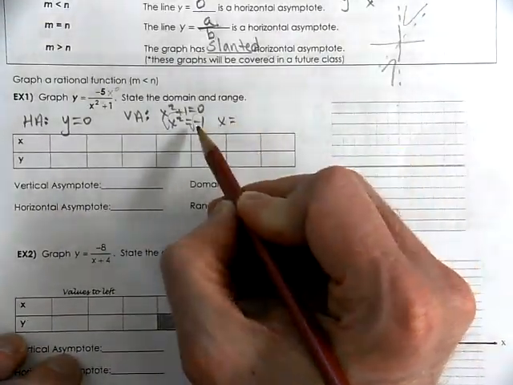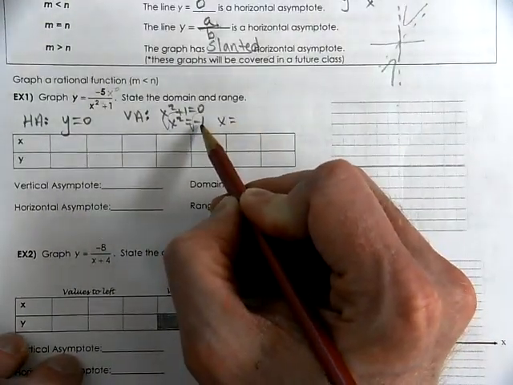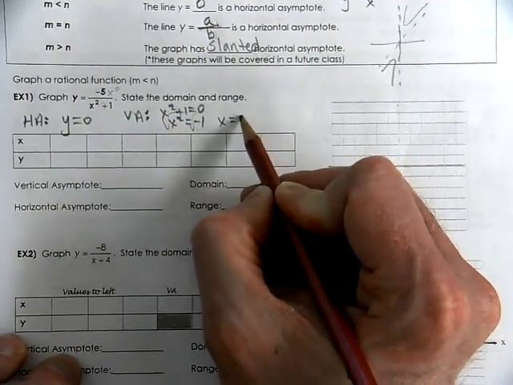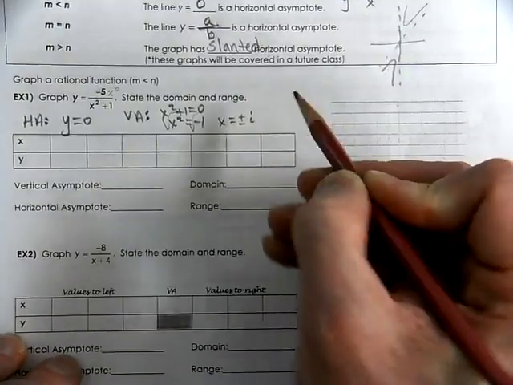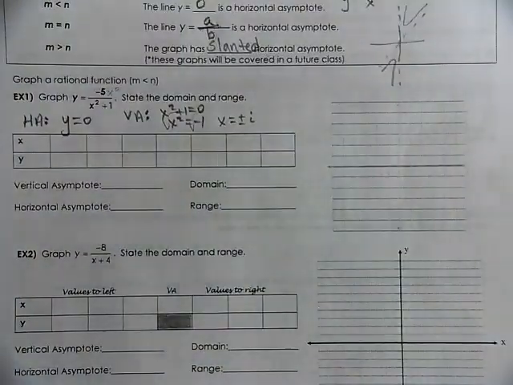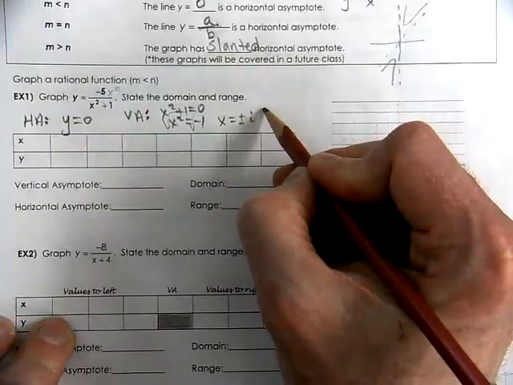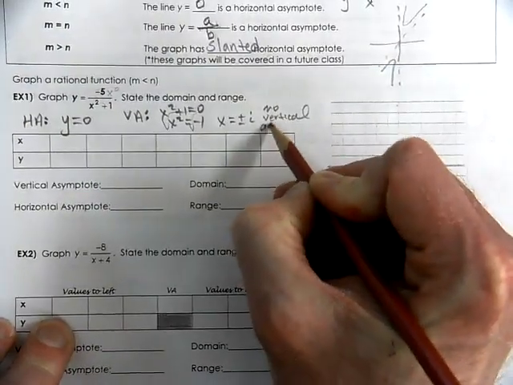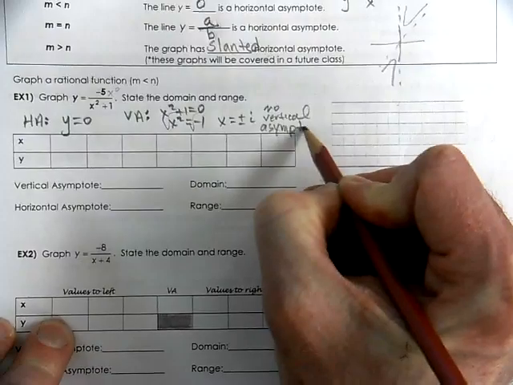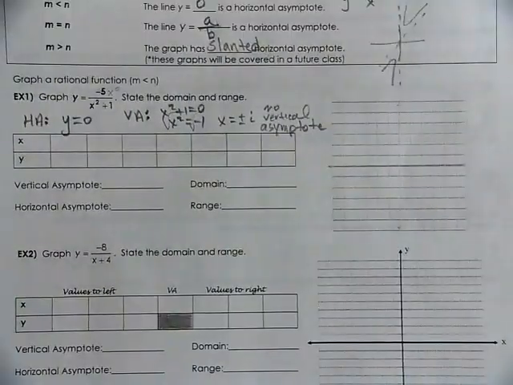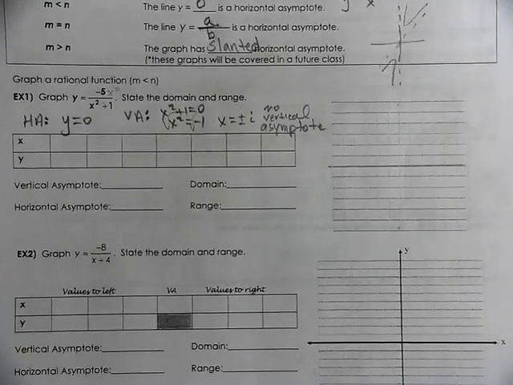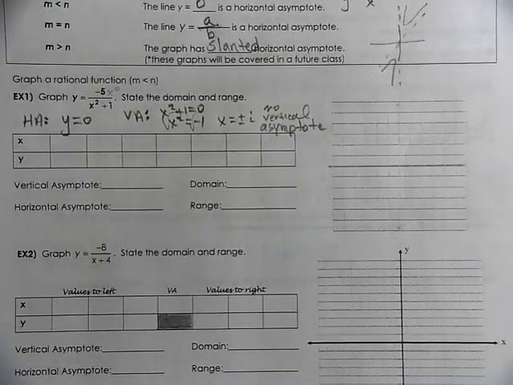You're going to end up getting an imaginary number. The square root of negative 1 would be plus or minus i. In other words, you don't have any vertical asymptote. That means every value of x can be plugged in. There is no limitation. It's all real numbers. There's no number that can't be plugged in.